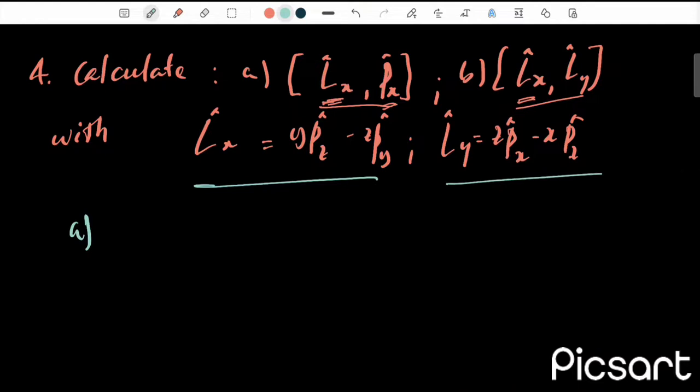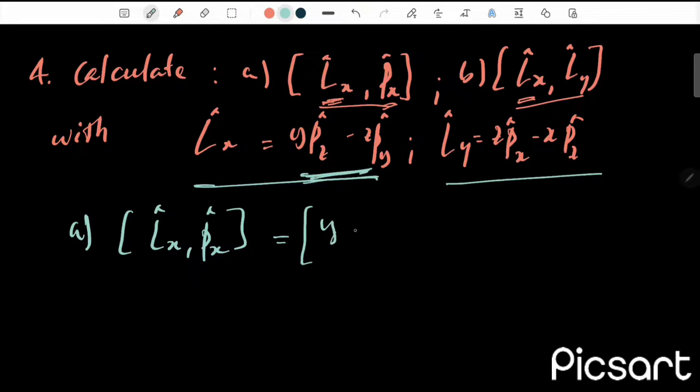And we go on here. We have the commutator of the x component of angular momentum with the x component of the linear momentum, and by definition the x component of angular momentum has this expression.